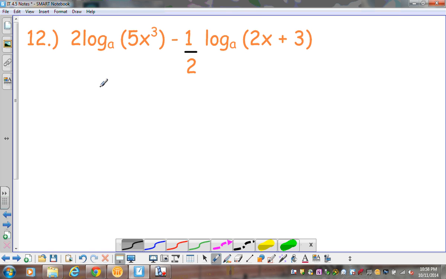All right, so first thing, check to see if we've got any numbers out front. I do. I've got a 2 there, so that's going to become my exponent. I've also got a 1/2 here, so that's also going to become my exponent.